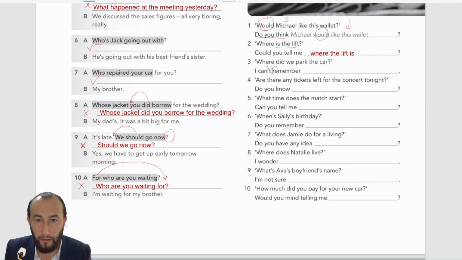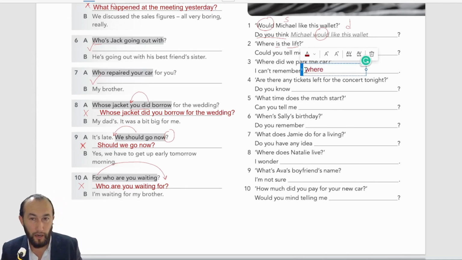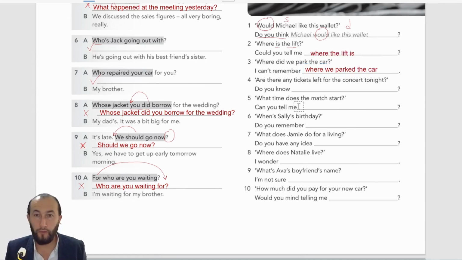I can't remember where. So where stays as where because it's a question word. No, we don't say did we park because it has to go back to the normal sentence structure. So where we parked the car. That's it. I can't remember where we parked the car.